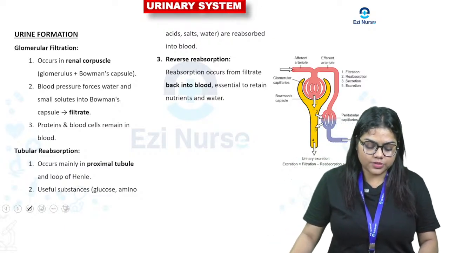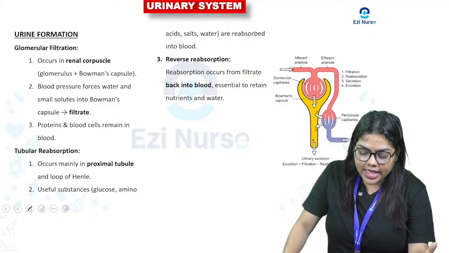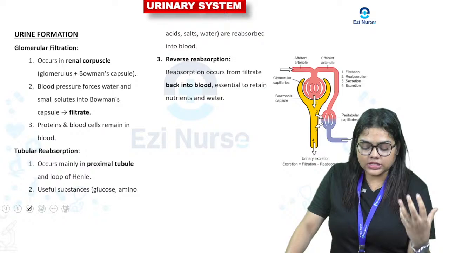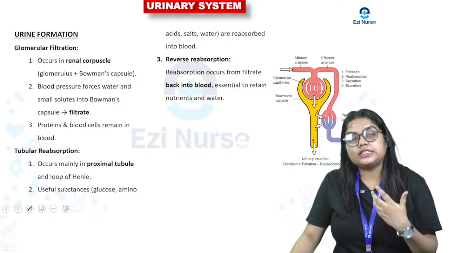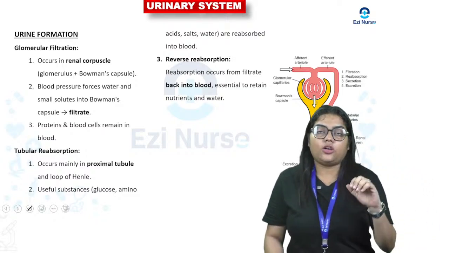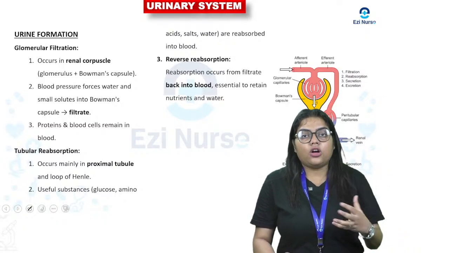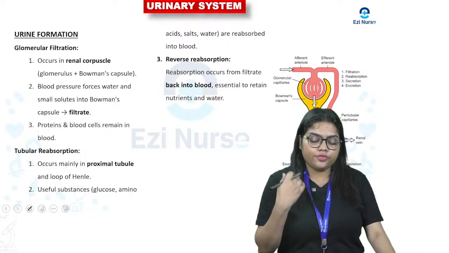Okay, so in the proximal tubule and loop of Henle, the useful substances like glucose, amino acids, salts and water will be reabsorbed into the blood, and whatever is left will be pushed on.